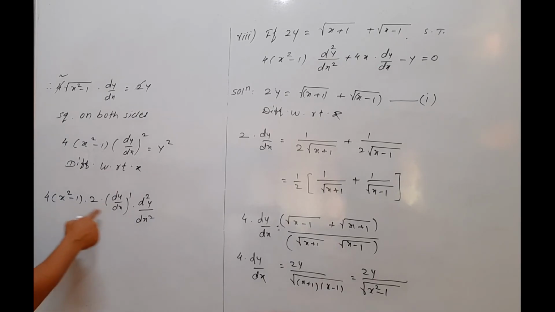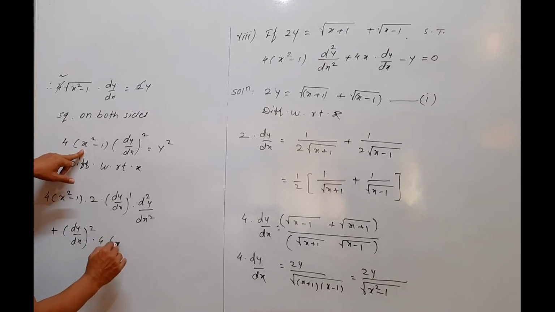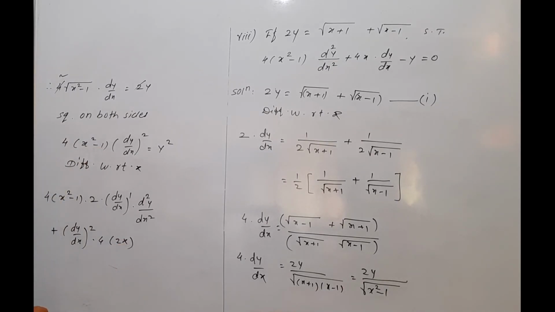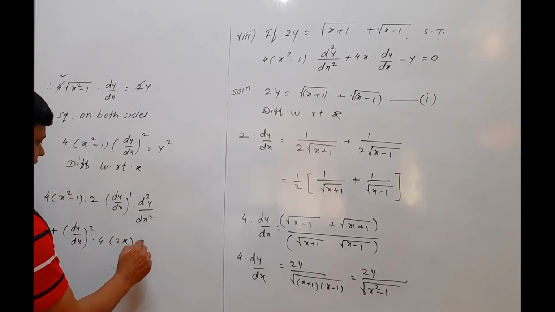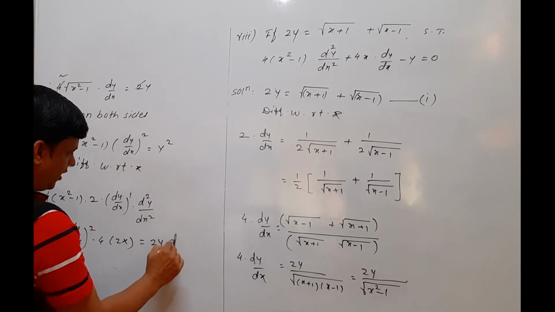Plus second function, that is dy by dx bracket square, into derivative of first. So we write 4 as it is, derivative of x square minus 1 we write 2x, derivative of 1 is 0, so write 2x minus 0 as 2x. Then derivative of the right hand side, so derivative of y square we write 2y into dy by dx.